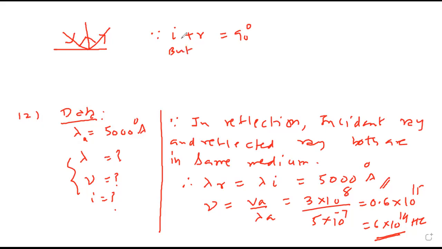But we all know that I is same as R. So I plus I is 90. 2I equals 90. Therefore, I is 45 degree. For this angle of incidence, reflected will be perpendicular to the incident. Now complete full.